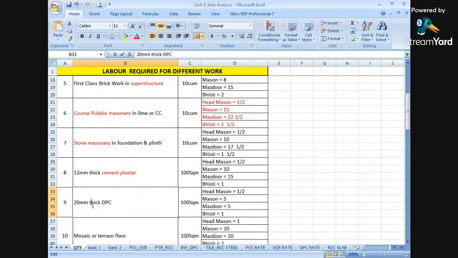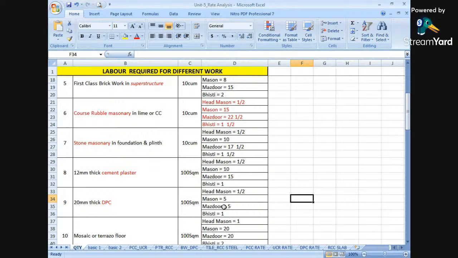Next, for 20 thick DPC, damp proof course, again it is measured in square meters. We have cement plastering measured in square meters, and DPC is also measured in square meters. So in order to carry out 100 square meters, head mason required is 1 by 2, mason requires 5 for 20 thick DPC work.